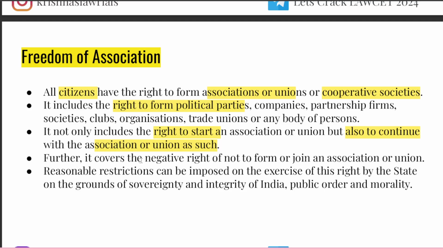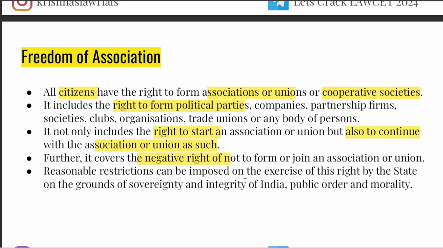Further, it covers the negative right as well. So here we saw that every citizen has the right to form an association. Now coming to the negative part, it means some people can't be forced to get into an association or make a union. So it covers the negative aspect as well.